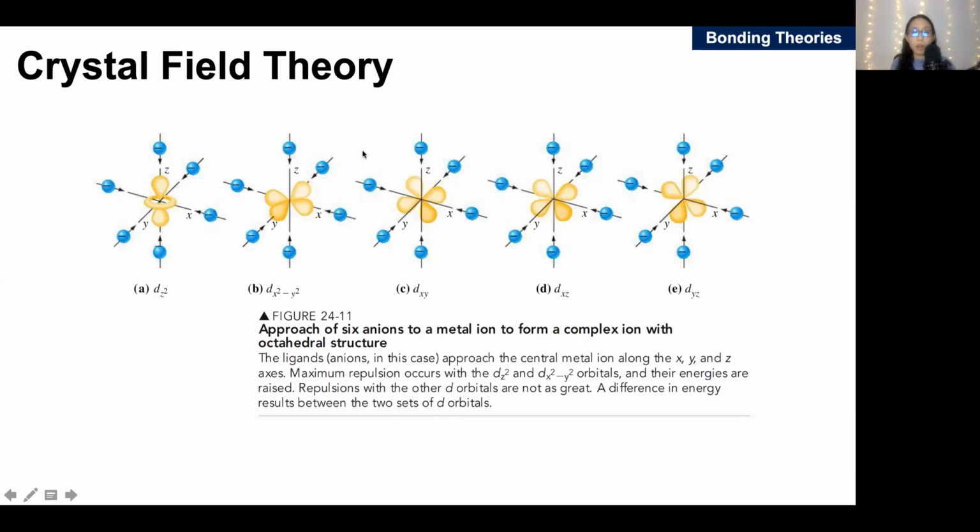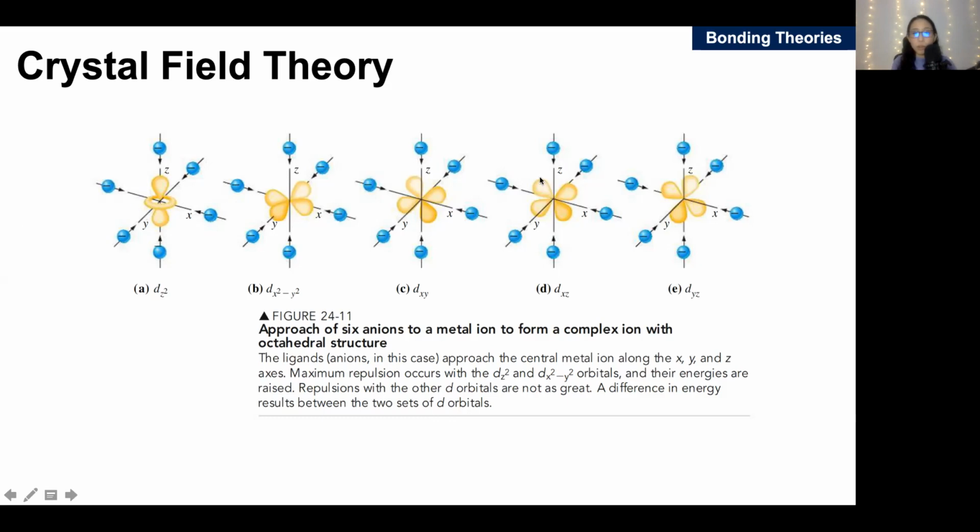If you recall, the octahedral structure is the shape of a complex with a coordination number of 6. Again, the 6 anions or the 6 ligands will approach your central metal ion from the axial positions. There are 2 axial positions and 4 equatorial positions, denoted by the blue spheres here.